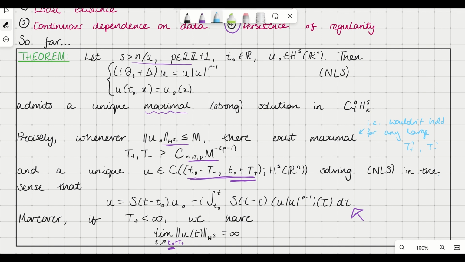And obviously we have something similar at the endpoint in the negative direction. Okay, so that was a very quick explanation, because I've already spent a lot of time going over this in the previous two videos. So that's enough dwelling on the past, and it's time for us to look to the future, and in particular to the persistence of regularity.